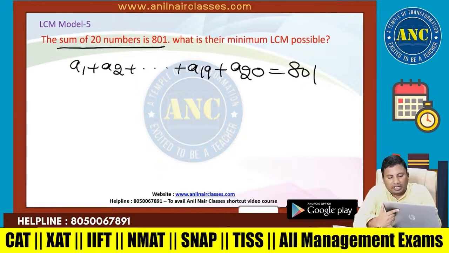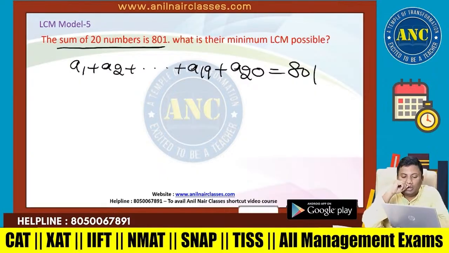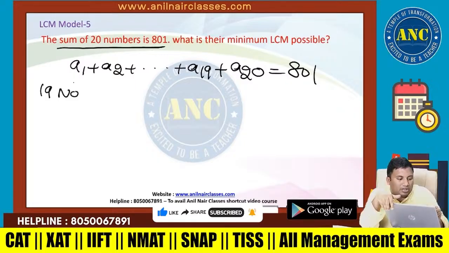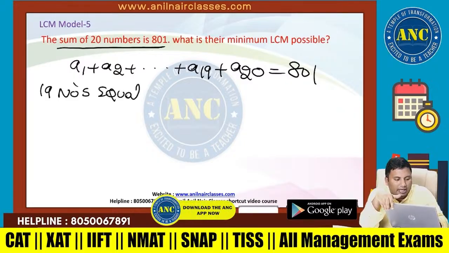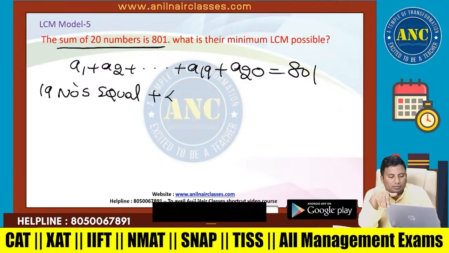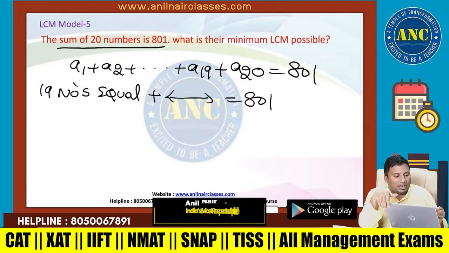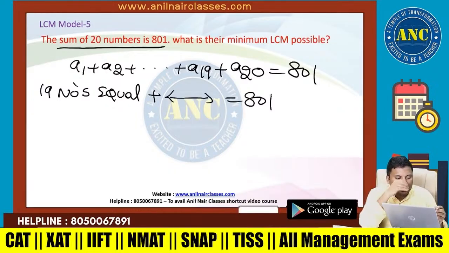If all the 20 numbers are equal, 801 cannot be divided by 20. So 19 numbers equal, plus the other number to give you 801. That means 19 numbers are equal.